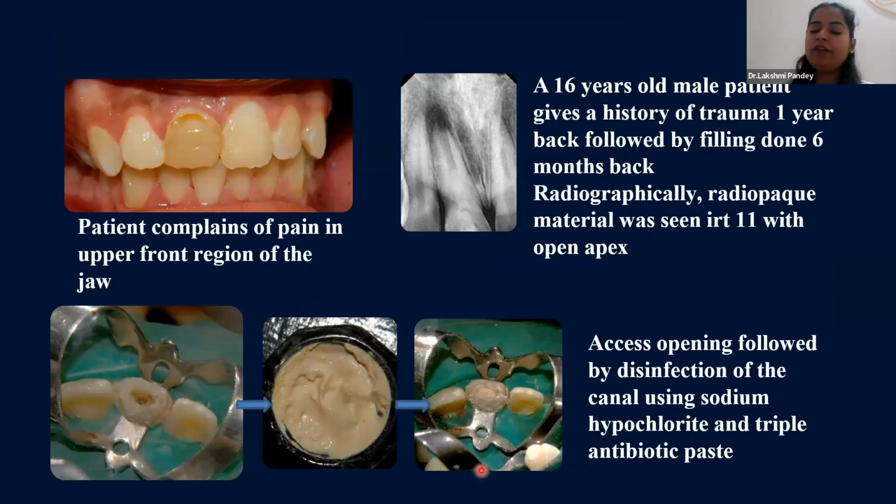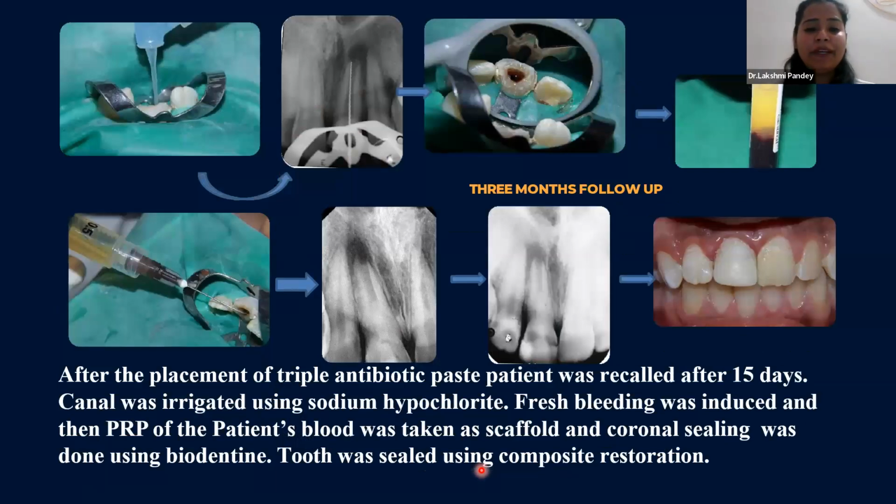They are very good when you want to place anything inside the canal. With low speed in a micromotor, I used that Lentulo spiral, and the triple antibiotic was placed inside the canal. Why I did this was to disinfect my canal; obviously there was a periapical abscess, so inside there will be a lot of microbial infection. So to disinfect my canal, I used triple antibiotic paste.